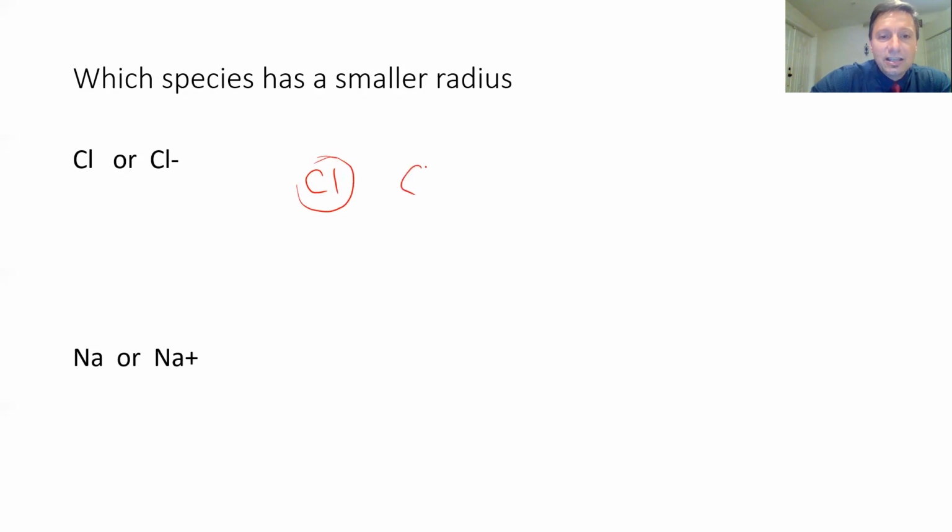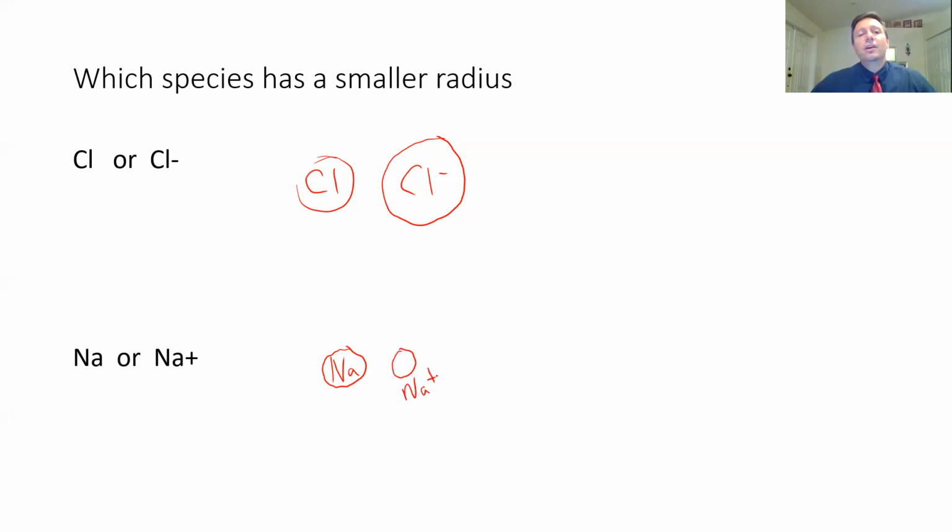You go Cl-, you're going to go larger. You have Na, do something like that. And then Na+. So that is the periodic trends when it deals with atomic radius.